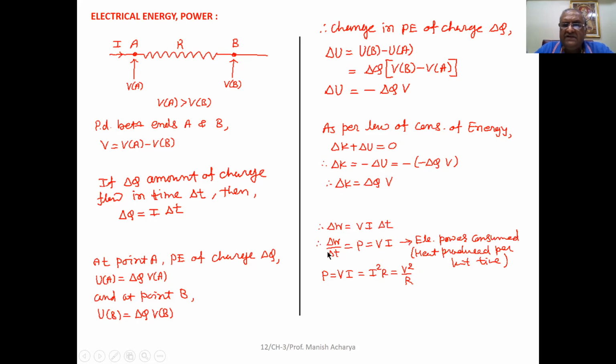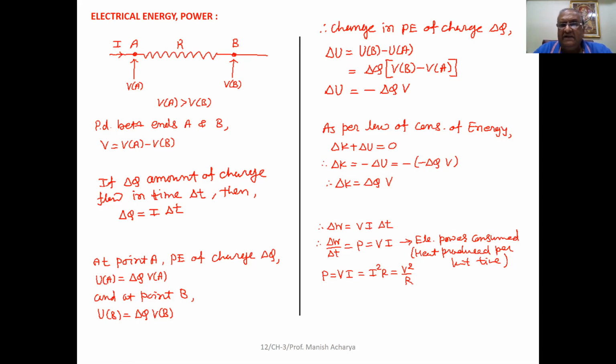Now if we take this delta T on left hand side, then delta W upon delta T. So this delta W upon delta T is called electrical power consumed in this process when delta Q amount of charge is transferred from terminal A to terminal B in time interval delta T. So, electrical power consumed P is equal to V into I. And this electrical power consumed is converted into heat.